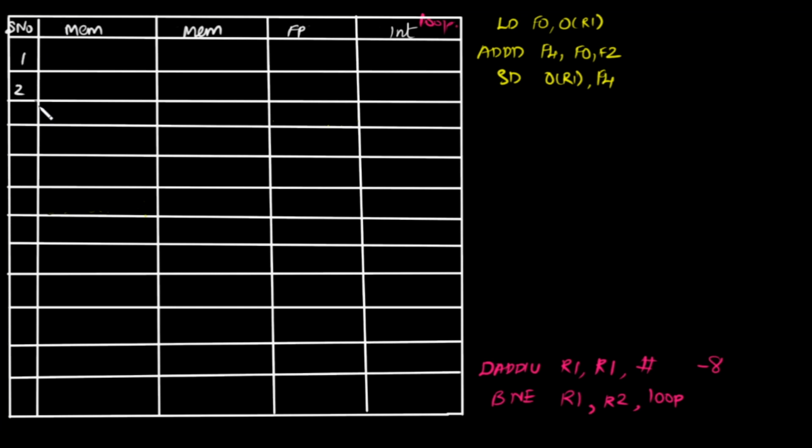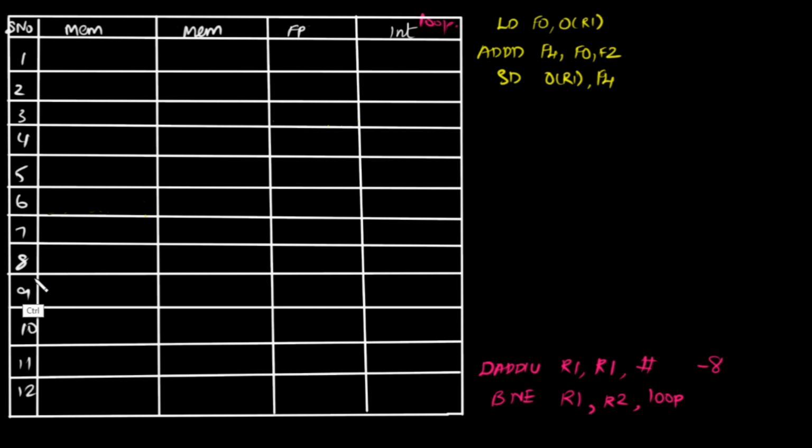So 1, 2, 3, 4, 5, 6, 7, 8, 9, 10, 11, 12. Okay, so in the first unroll, we will put the memory reference LD F0, 0 of R1. And we have to know where to place the ADD, because we didn't note down the stalls.